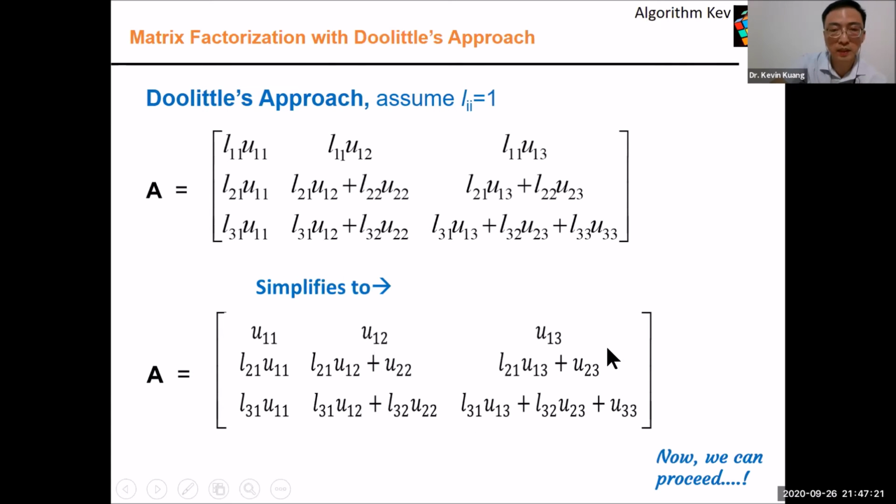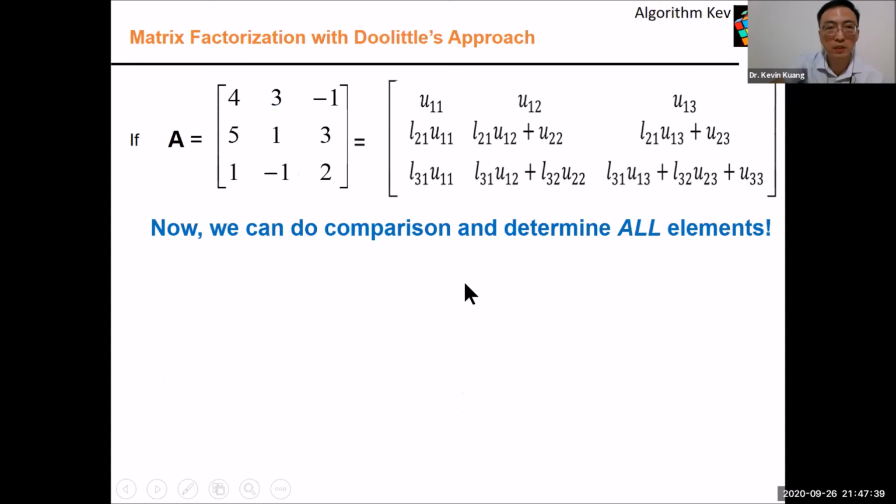So this will be our product of multiplication between L and U, where L11, L22, L33 have been assumed to be 1.